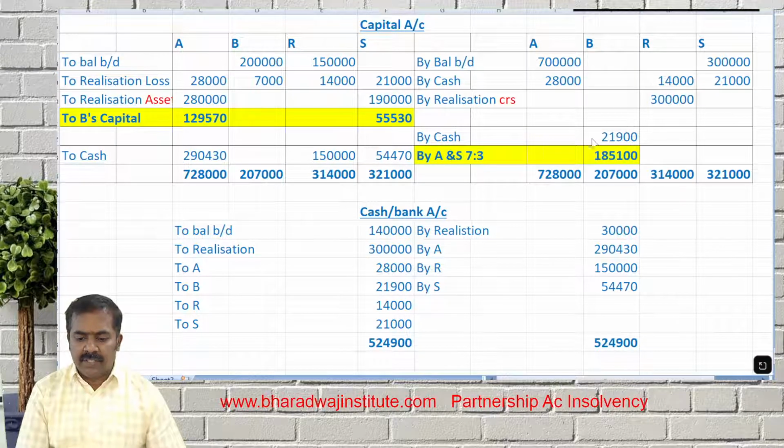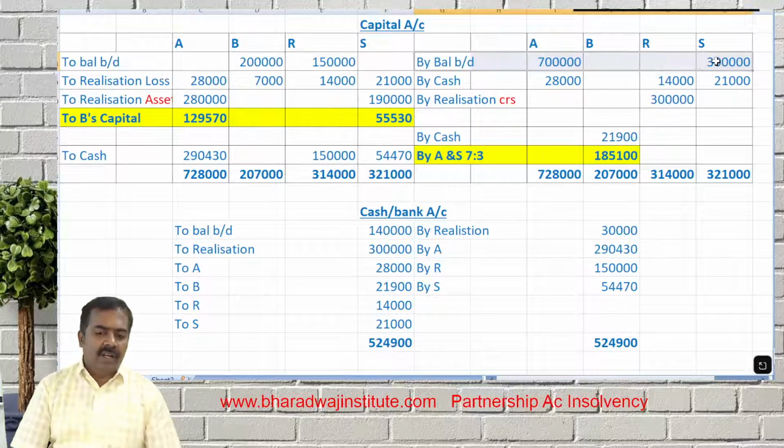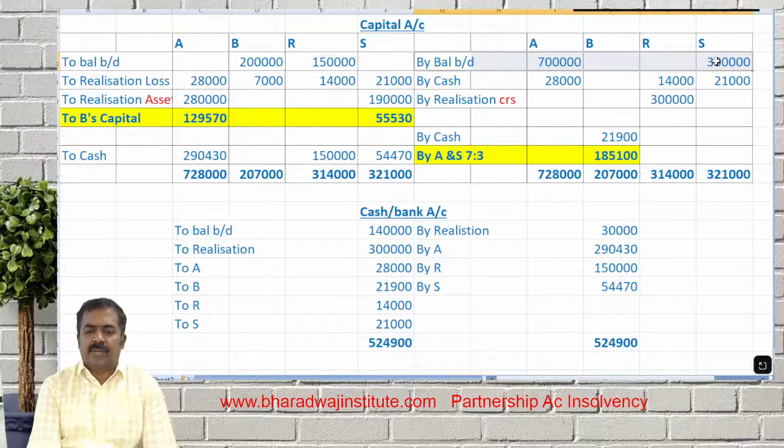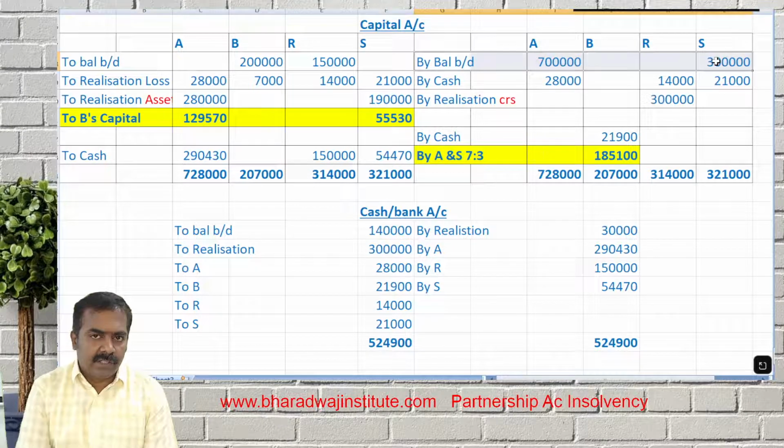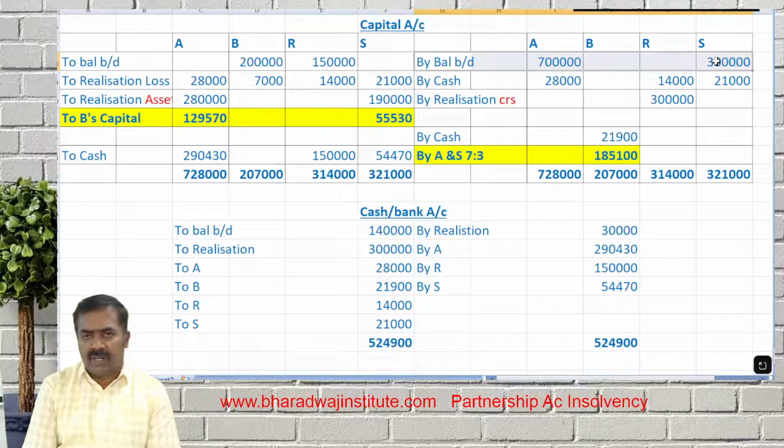Yes, the loss due to insolvency, that is 1,85,100, is borne by other partners. Who are the other partners? A, R, S, in the adjusted capital ratio. What is the adjusted capital ratio? Opening balance. Only A and S have positive capital. We don't have general reserve, we don't have P&L account, we don't have any miscellaneous expenditure to adjust.